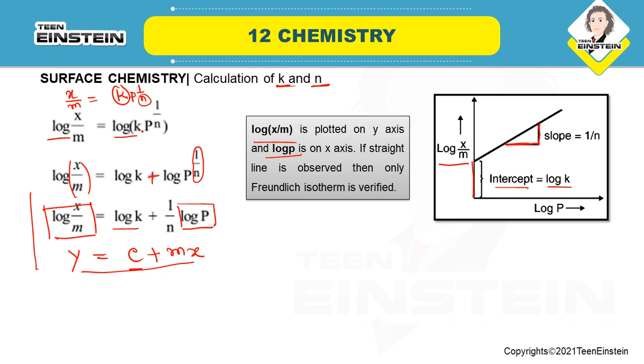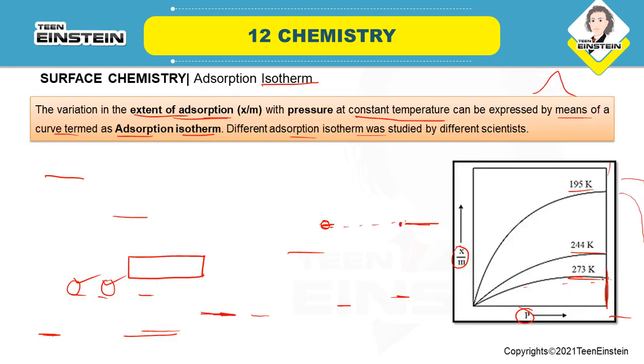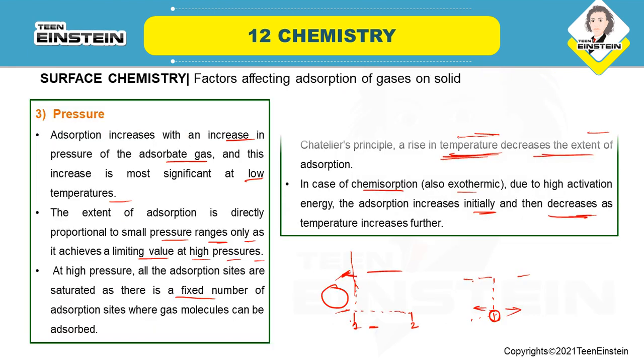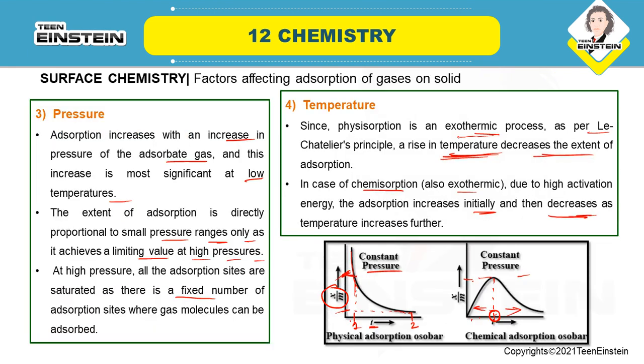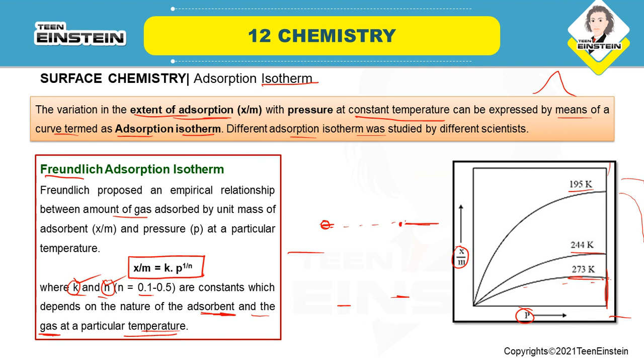And one correction I want to make, in last class the value of n that I have mentioned here, see, this is mentioned that n is equal to 0.1 to 0.5. So it means as if 1 by n will be 1 by 0.1, 0.5, but actually it is not so.